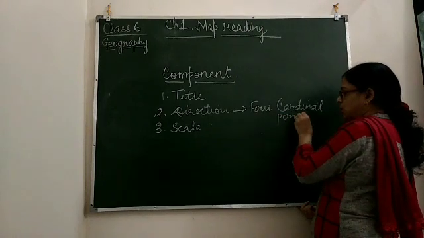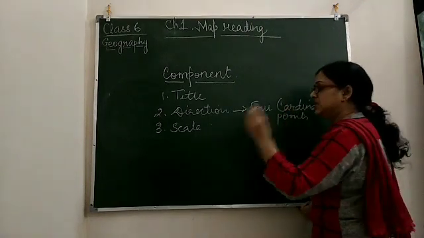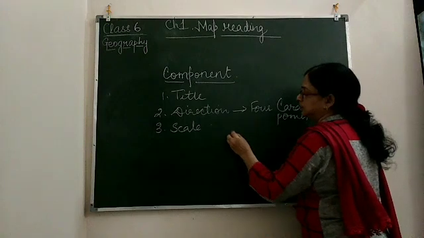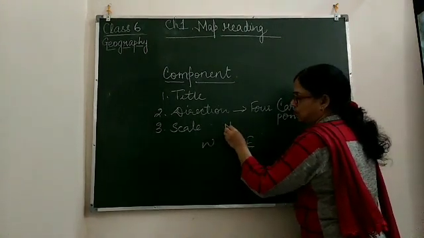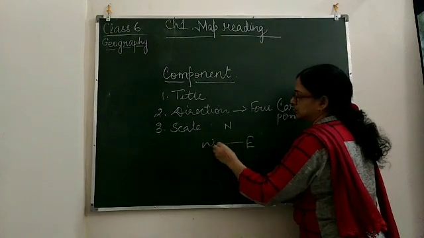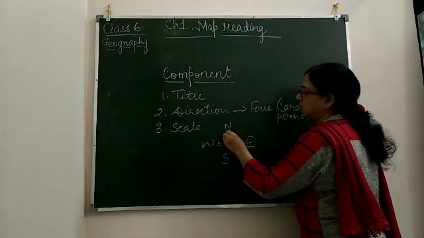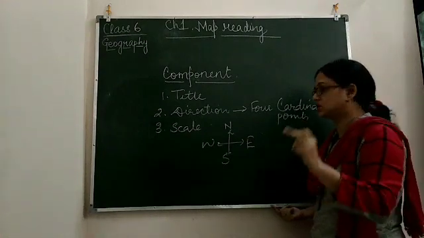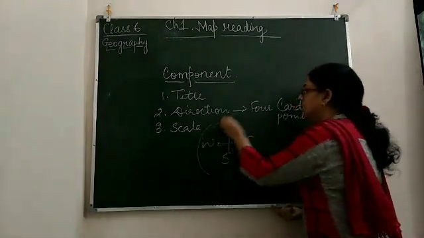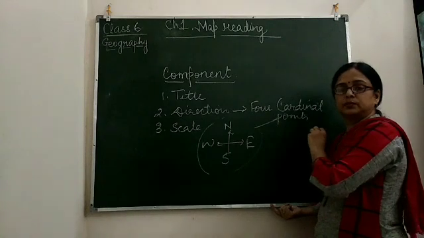What are the cardinal points? East, west, north, south. These are called the cardinal points.